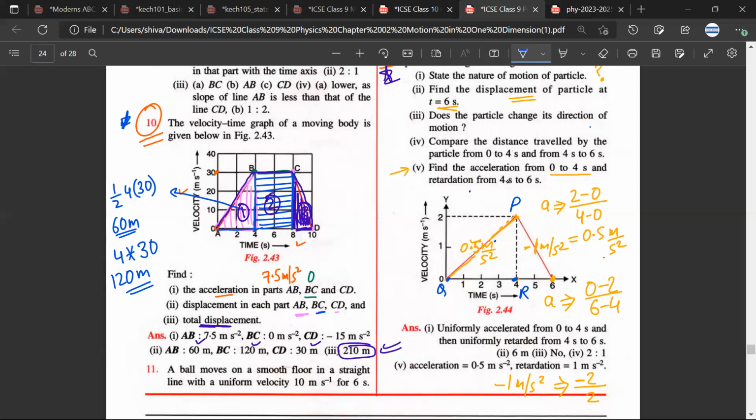So the displacement would be equal to the area of PQR, which is half base into height, equal to half into 4 into 2, which is 4 meter. And the area of triangle PRT is equal to half base into altitude, which will be equal to 2 meter. Do we agree to this? Yes, sir.